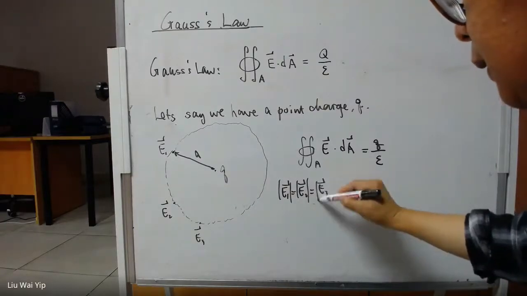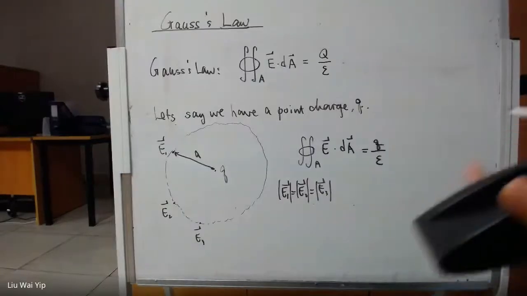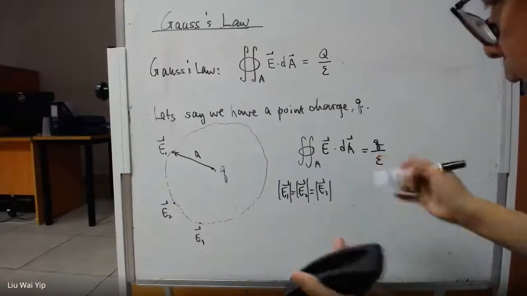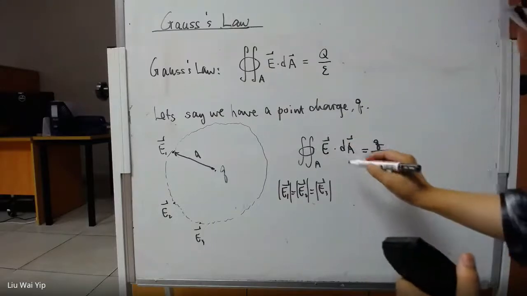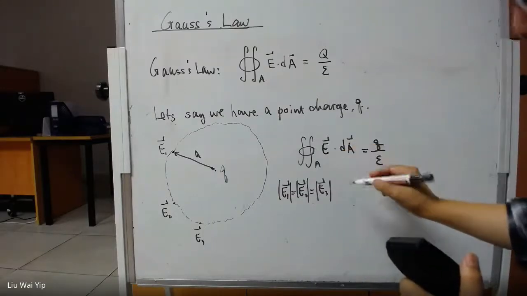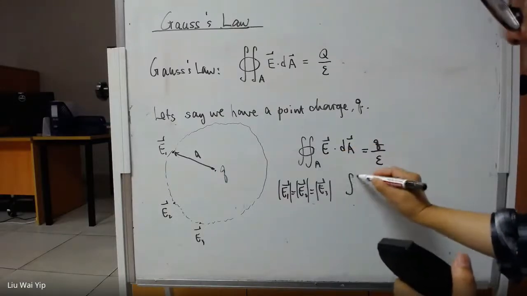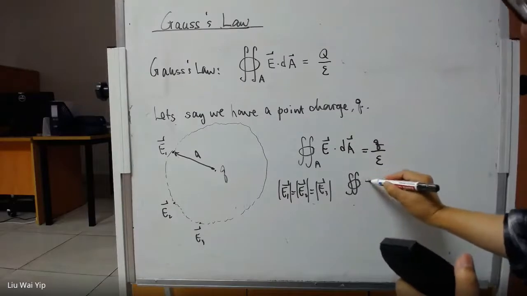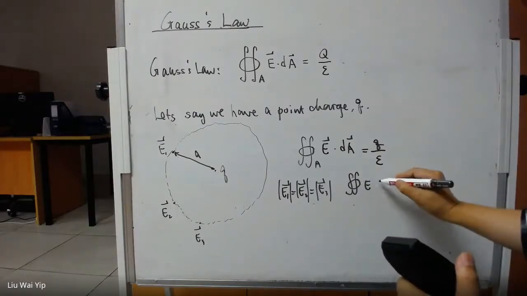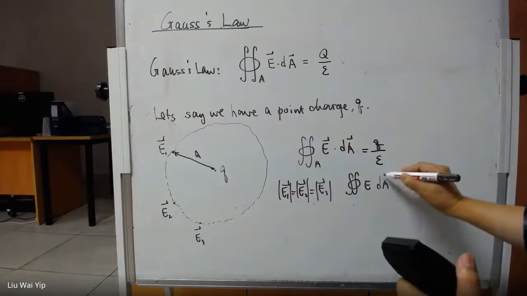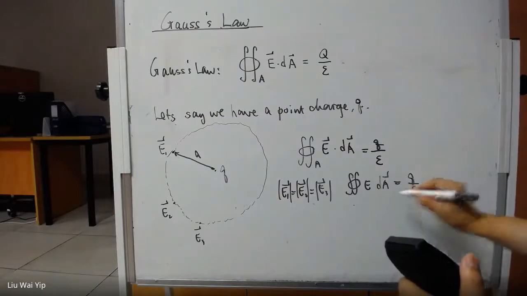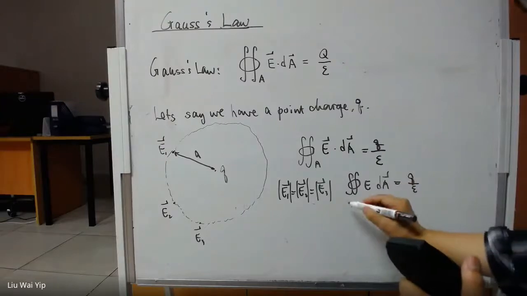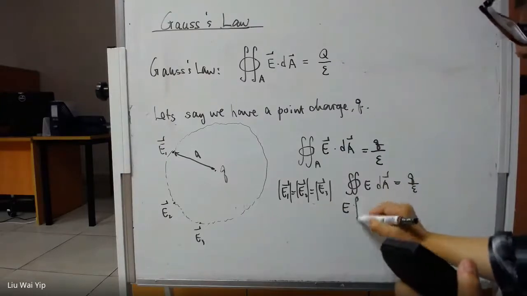So we can simply use the scalar form of the expression, E dA, and this E is the same everywhere. We take this out of the integral.